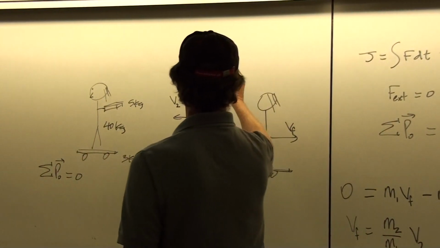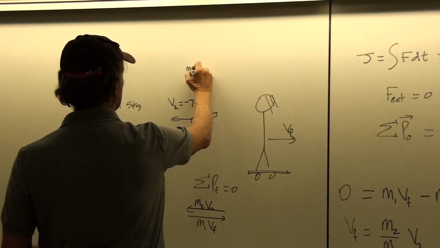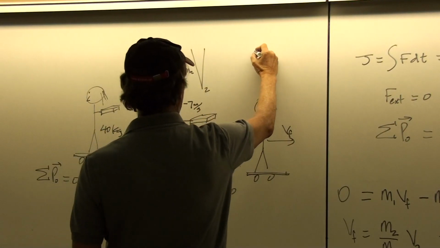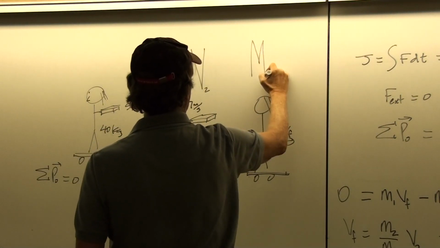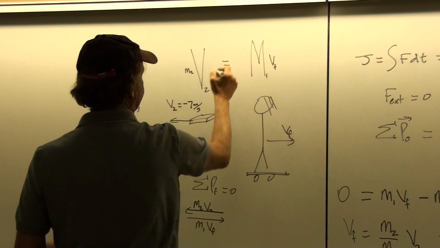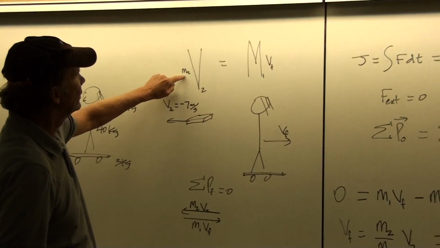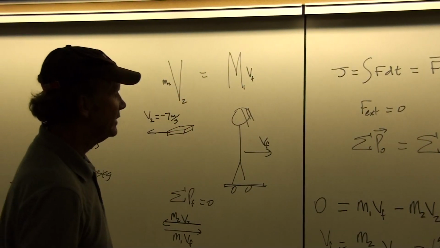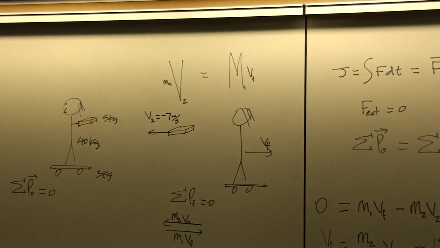Okay, so here we have basically M2 V2. Here we have M1 V final. So it's a small mass times a big velocity, in this case equals a big mass times a small velocity.